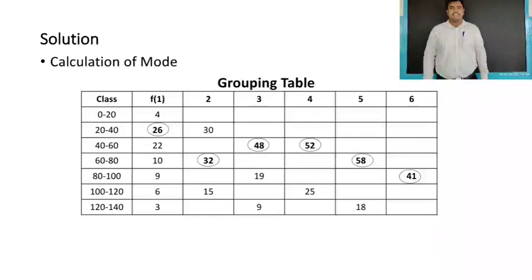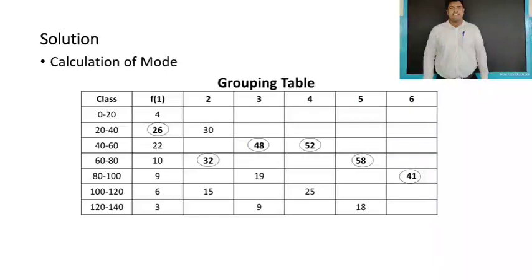Similarly I do it, 9 plus 6, I'll get 15. Since the last frequency is 3, there is no next frequency to group, so I stop there. Coming to the third column, it is a grouping of 2 frequencies leaving the first frequency. So 26 plus 22 is 48, 10 plus 9 is 19, 6 plus 3 is 9.